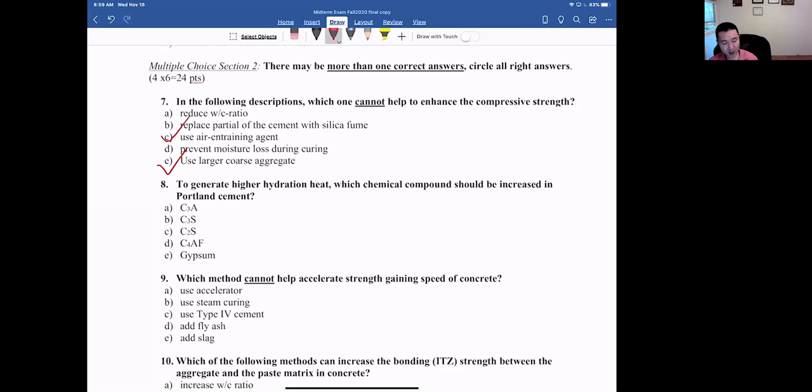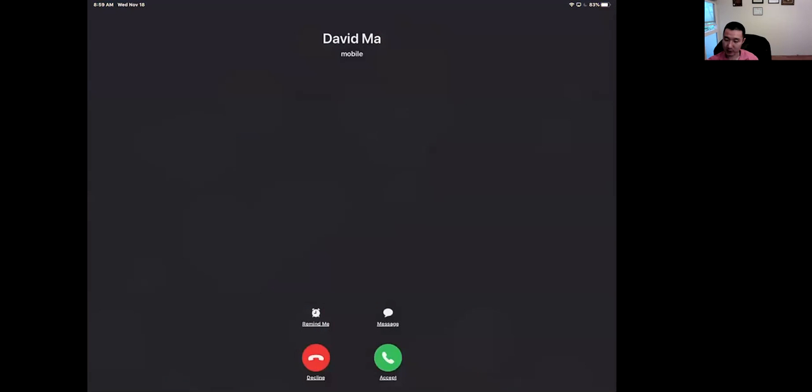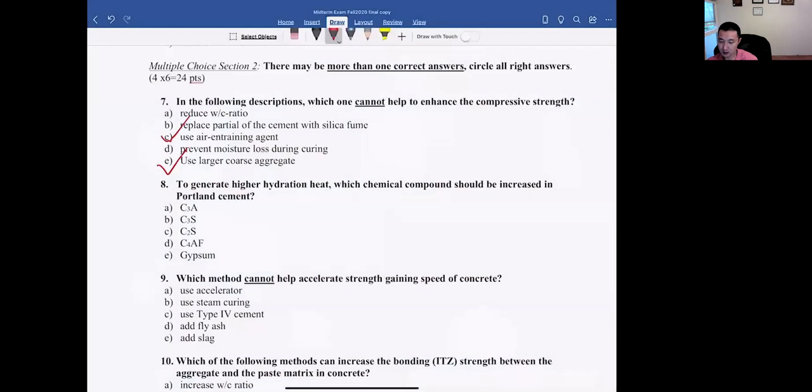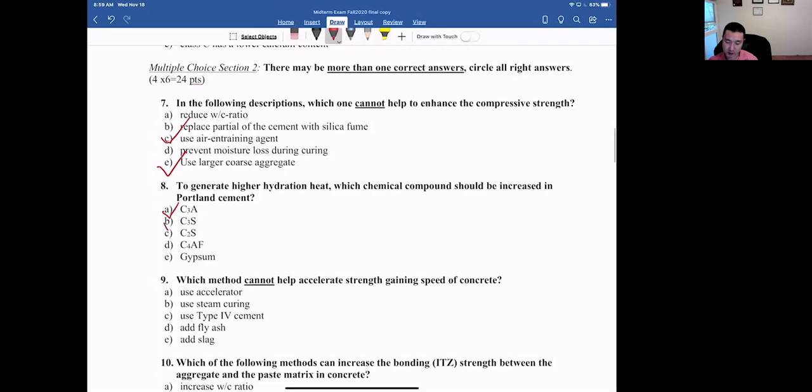So to generate more hydration heat, we should increase C3A and C3S. That's the reason why for type 4 cement, we should reduce C3A and C3S. Type 4 cement is low heat cement.